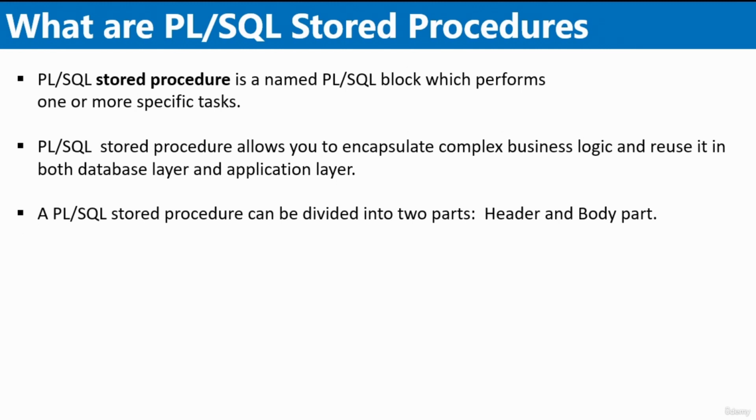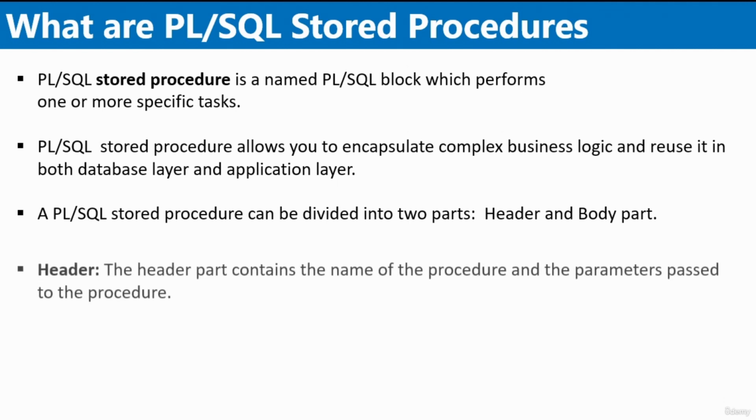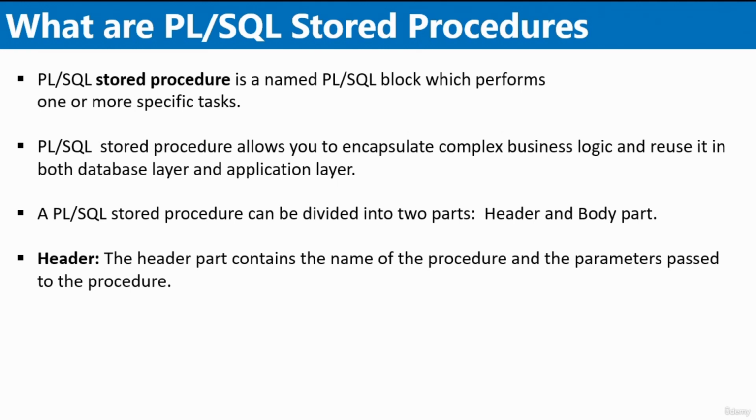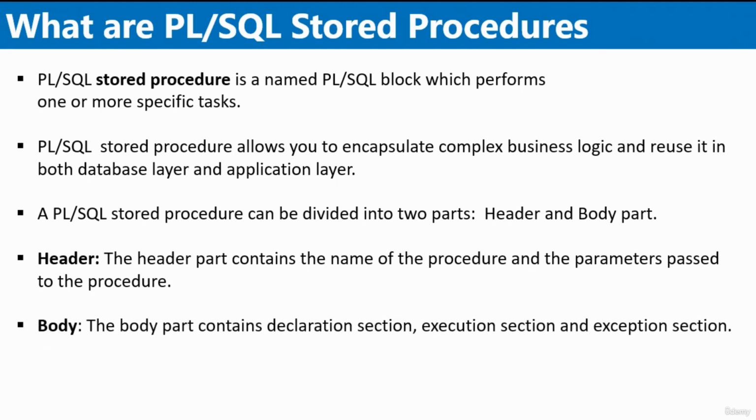The header part contains the name of the procedure and the parameters passed to the procedure. The body part contains the declaration section, the execution section, and the exception section. A PL SQL Stored procedure do not return a value directly.